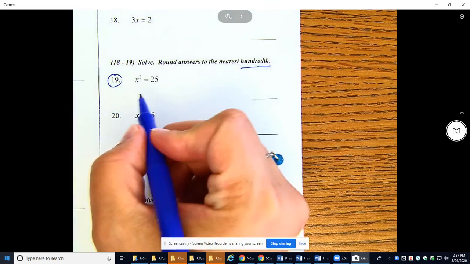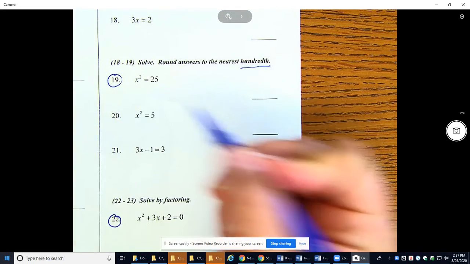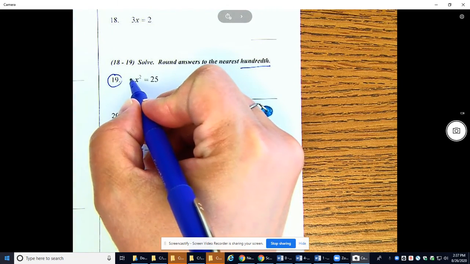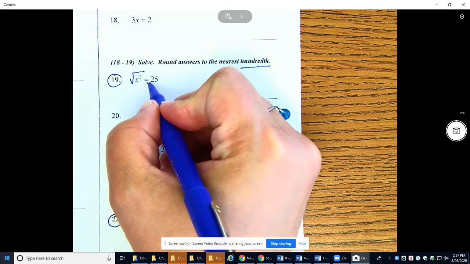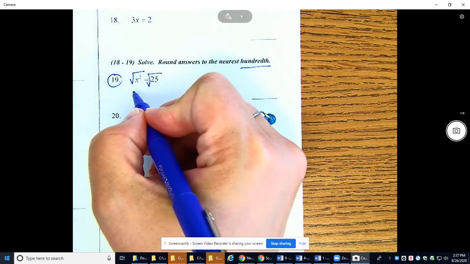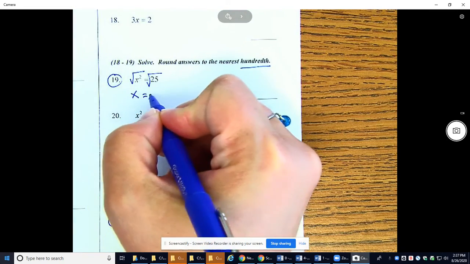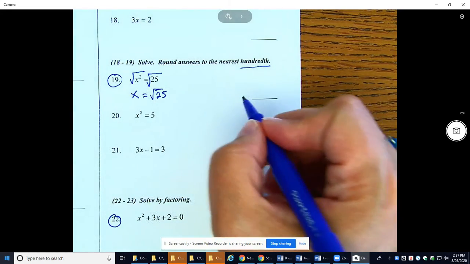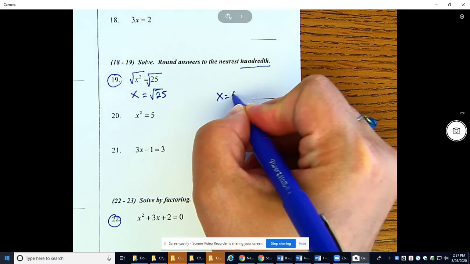Number 19. We're going to do inverse operations here again. But the inverse of squaring something is to find the square root. So to find the square root here, the x gets alone, and then you've got the square root of 25. Now, when you put this in the calculator, typically you come up with x equals 5.